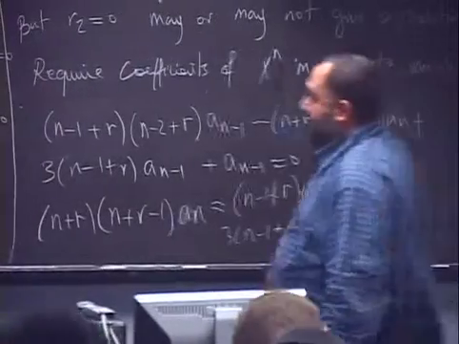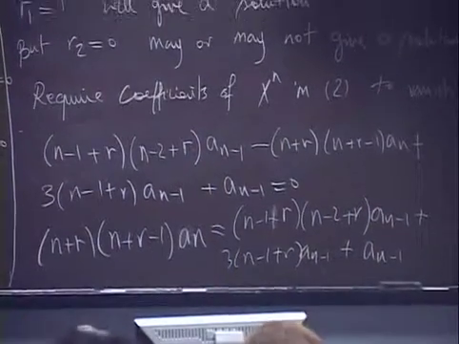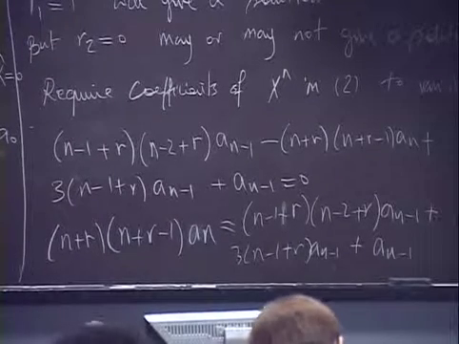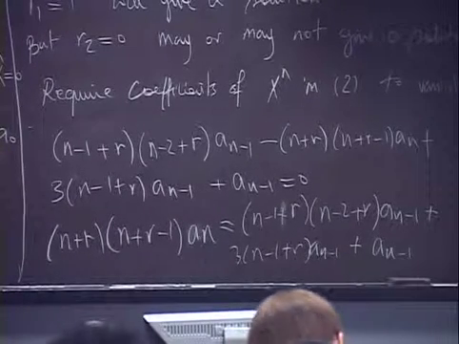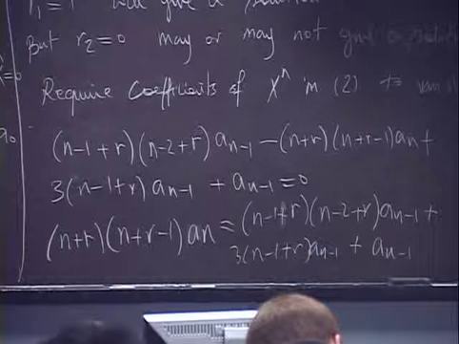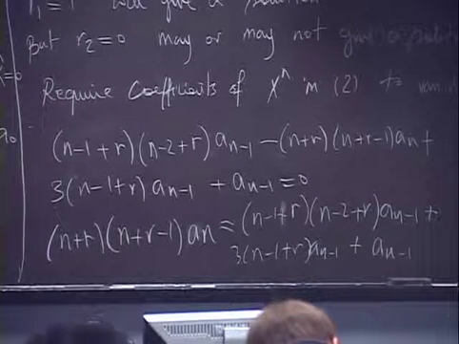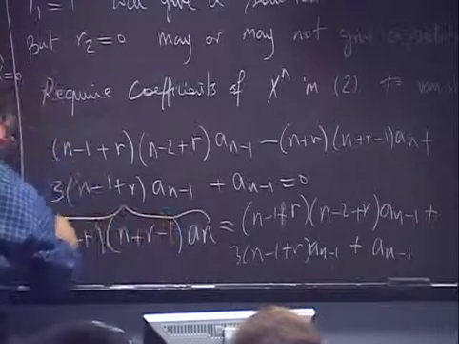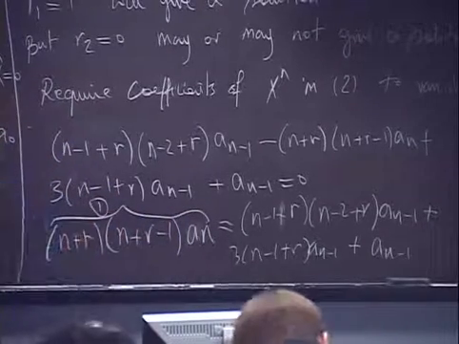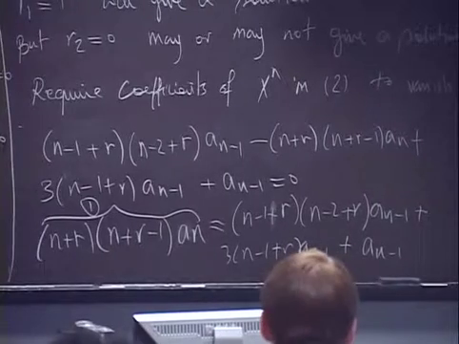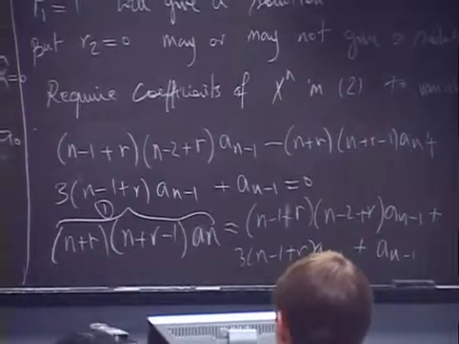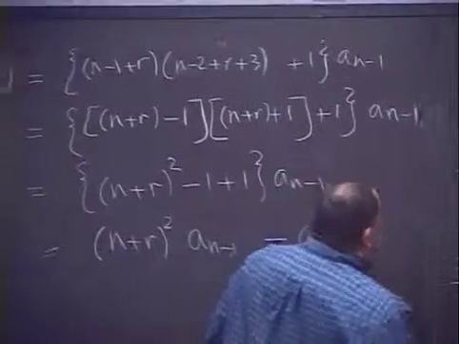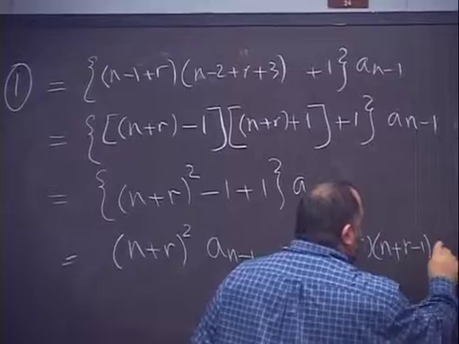So you collect all the a_(n minus 1) on one side, and let's say this is term number 1. So this is equal to (n plus r) multiplied by (n plus r minus 1) multiplied by a_n.